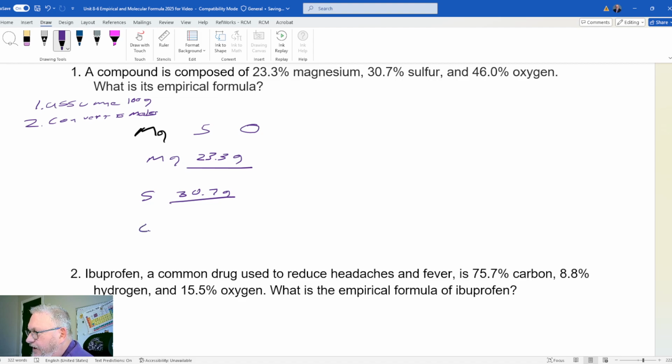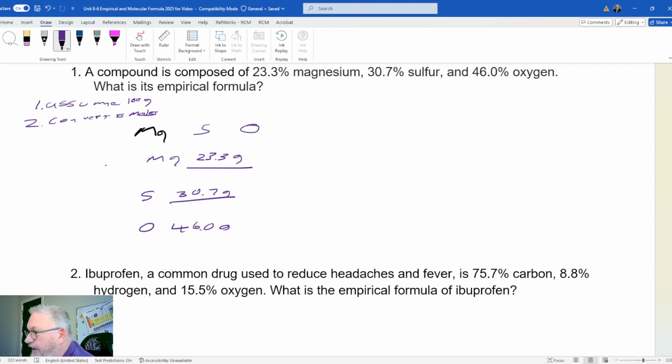And then if I have oxygen, I'm going to divide by the molar mass, 46.0 grams. I assume that it's 100 grams, so the percents are now grams. So, what is the molar mass of magnesium? Of course, I've got my handy dandy periodic table with me.